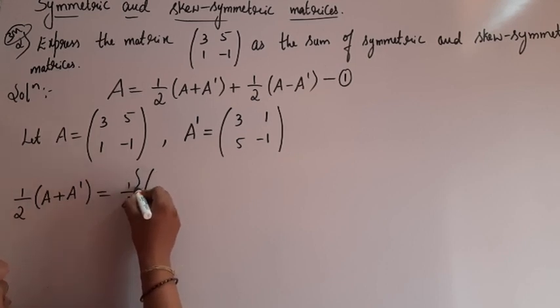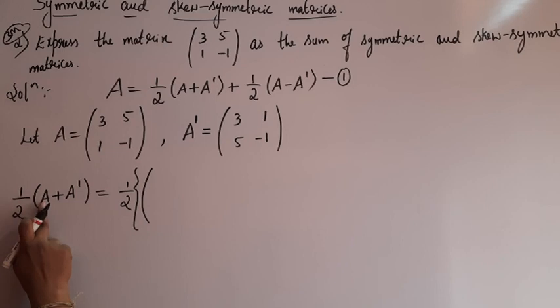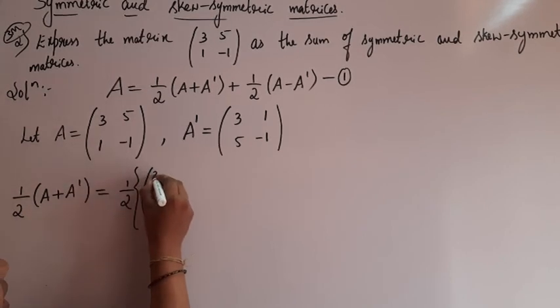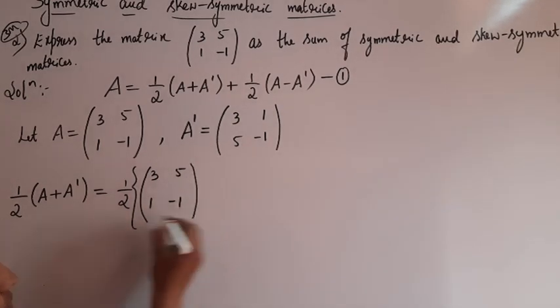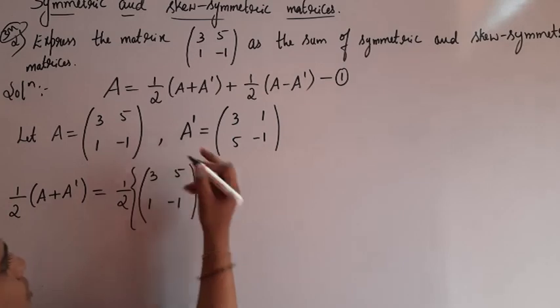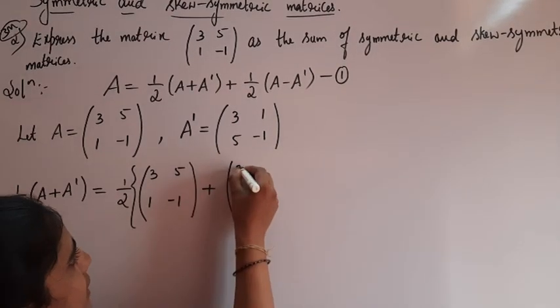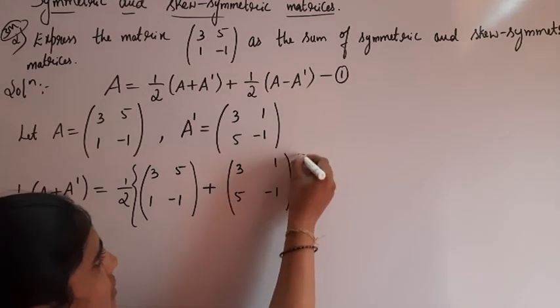Write 1 by 2 as it is. Matrix A is 3, 5, 1, minus 1. The sign is plus. A transpose is the matrix 3, 1, 5, minus 1.